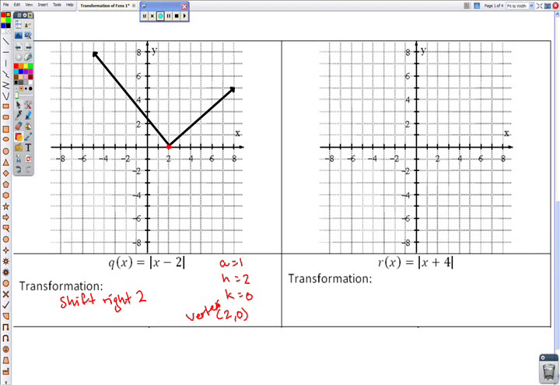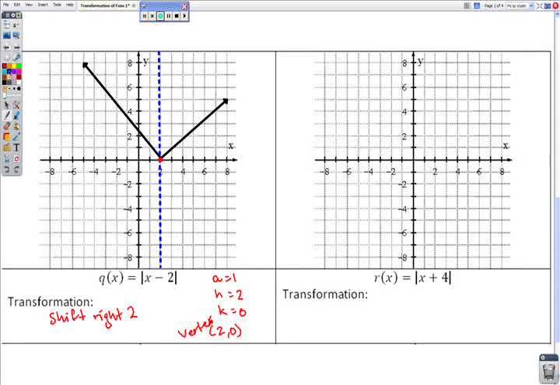And then let's put in our axis of symmetry. Oh, you know what? I wanted that a different color. Let's do it in blue again. Switch to blue pen. X equals 2. That's our axis of symmetry.